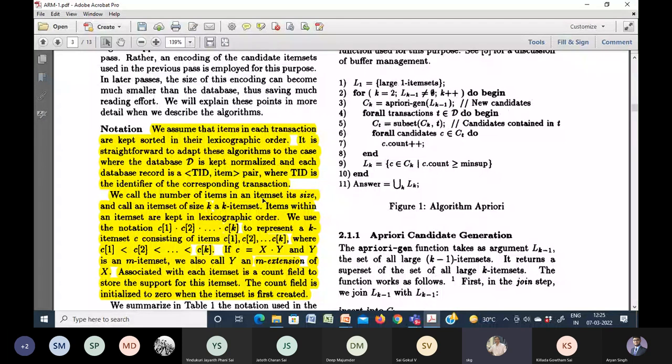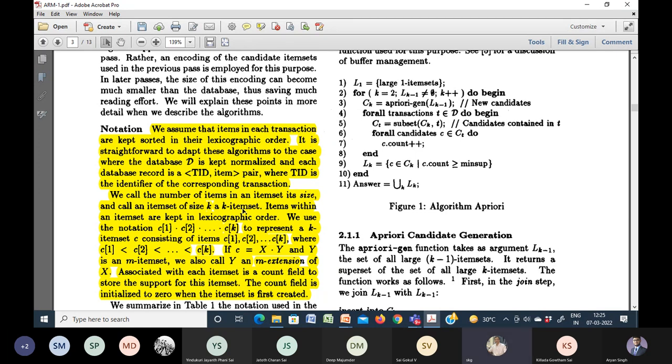We call the number of items in an item set its size, and an item set of size K is a K item set. So a one item set has size 1. If it is a 2 item set, its size is 2, and so forth, right?